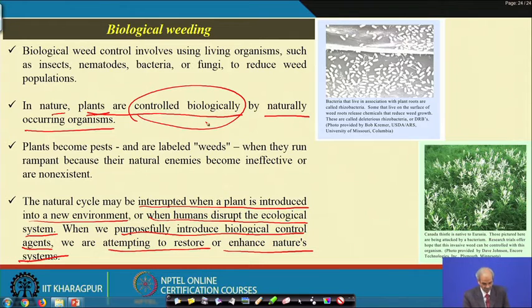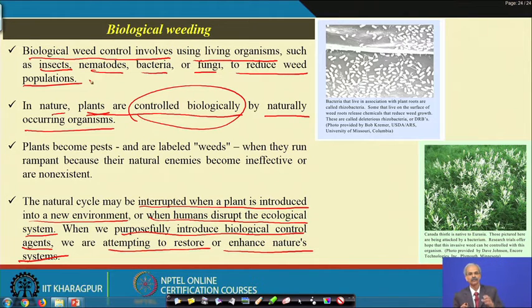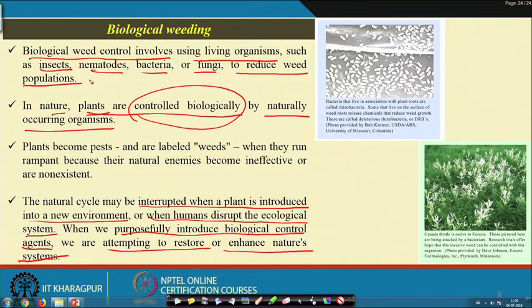Whenever there is a disturbance here, you need to see that it is taken care of, and therefore we need to use biological weed control, where living organisms such as insects, nematodes, bacteria or fungi are used to reduce the weed population. This is what you have to do, because the ecosystem is getting disturbed when human beings are involved, and since they are doing it, we need to introduce these.